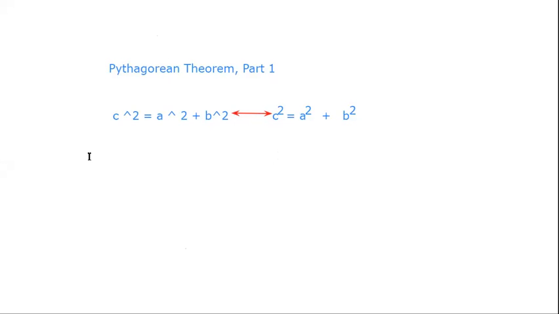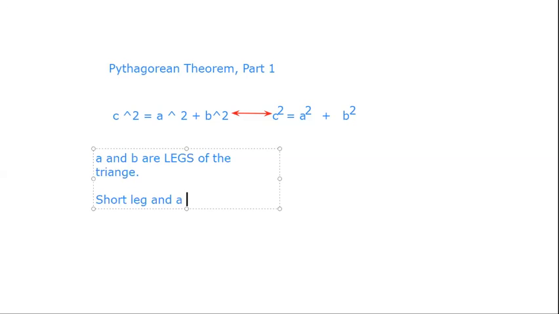And in that formula, a and b are legs of the triangle. You have 2 legs. You have a short leg and a long leg. Then you have what we call the hypotenuse, and that is c.